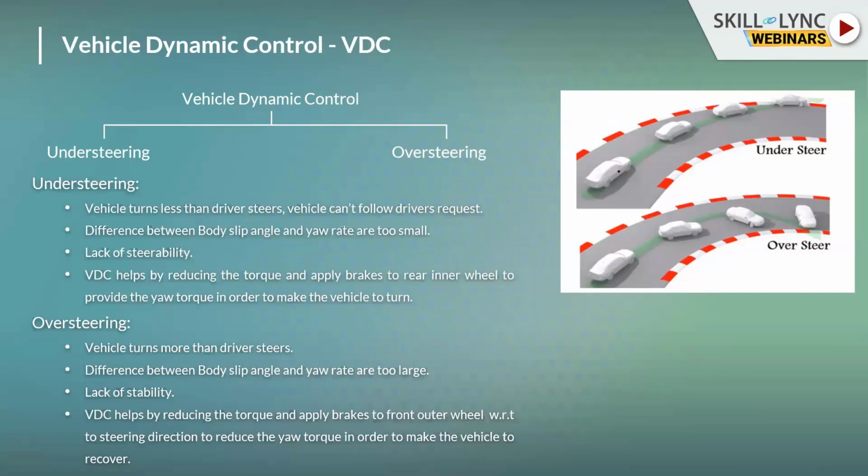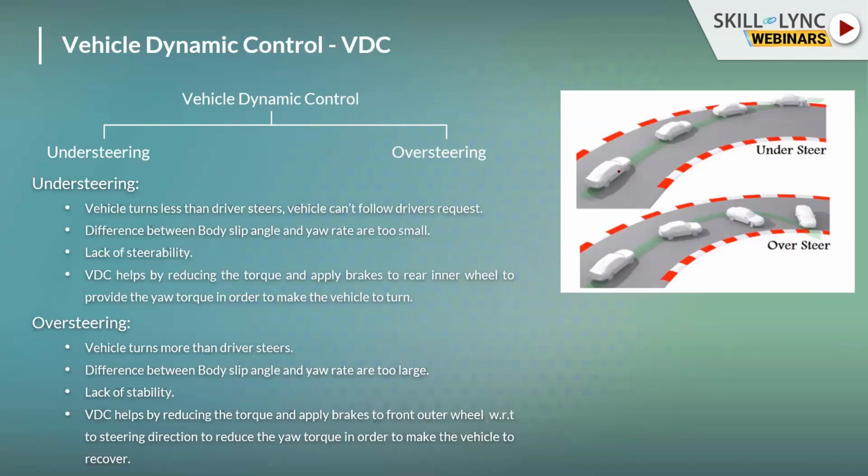The VDC helps. In case of oversteering, the VDC will make sure the vehicle does not rotate. For that, it will brake the front outer wheel, because of which the body slip angle was becoming more. It should not be more.